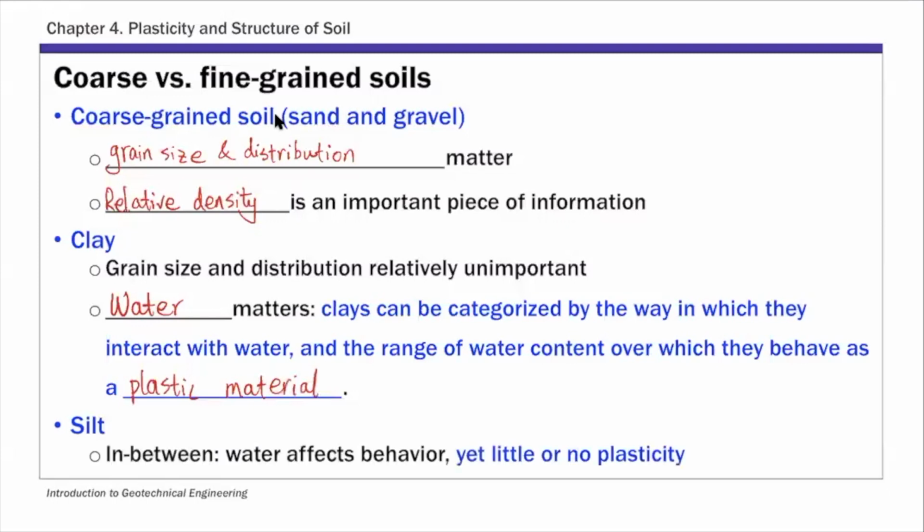And last one, silt, this is a little bit special. It's in between. So for silts, water affects its behavior, but silts have very little or no plasticity. So if you add water to silts, you're not going to observe plastic behavior as in clays. So silt is kind of an in-between material here. So that's the coarse versus fine grain soils. And then we're going to focus on water contents in clay, how they impact clay behavior.